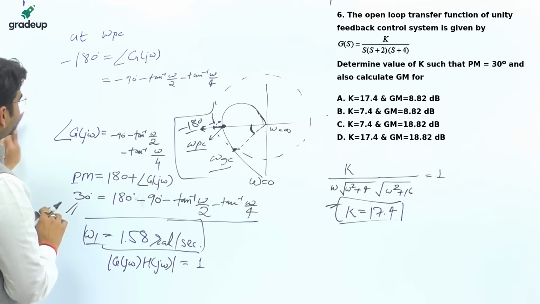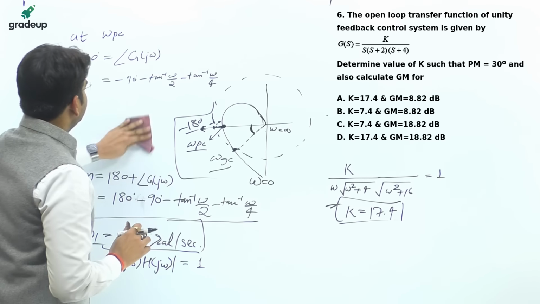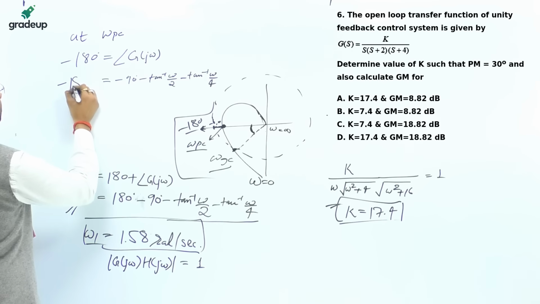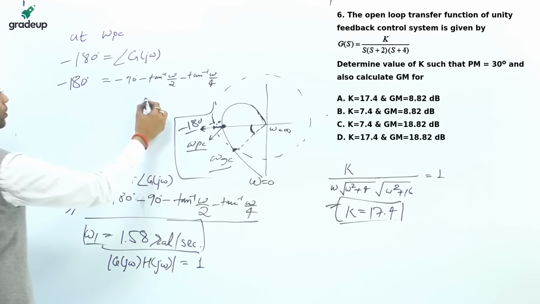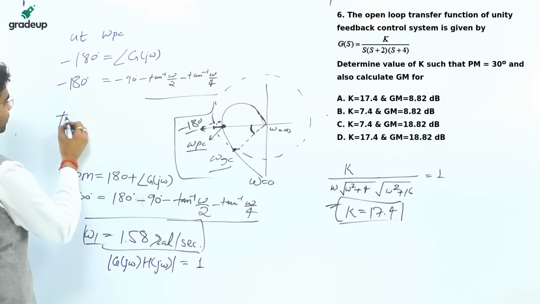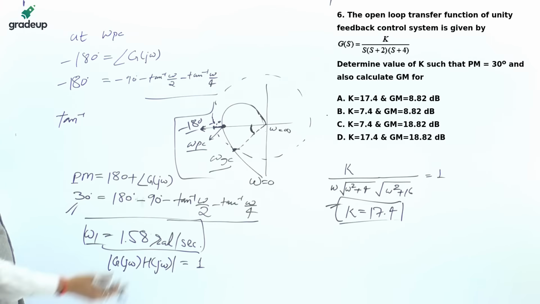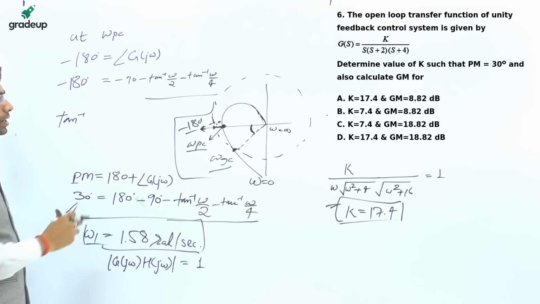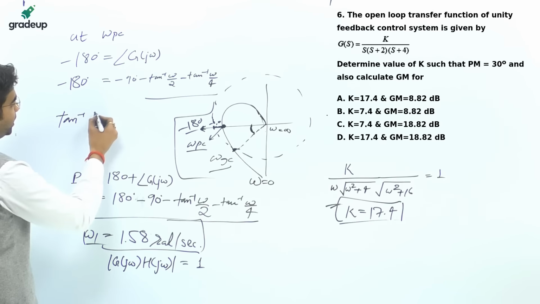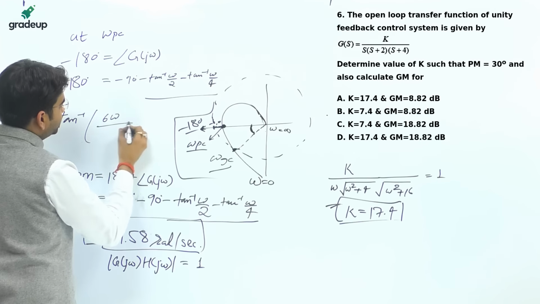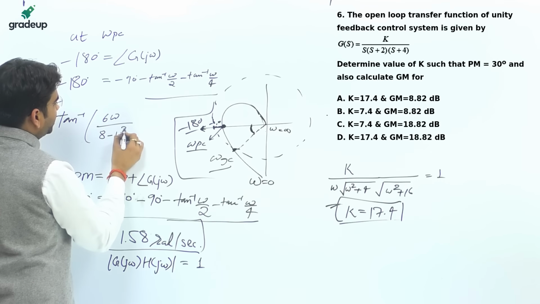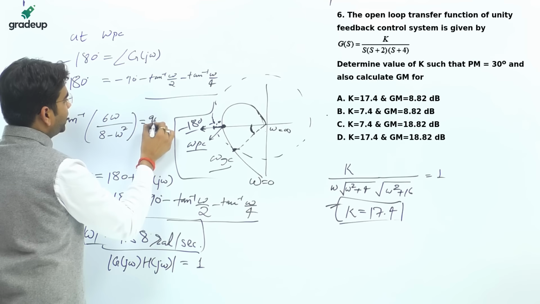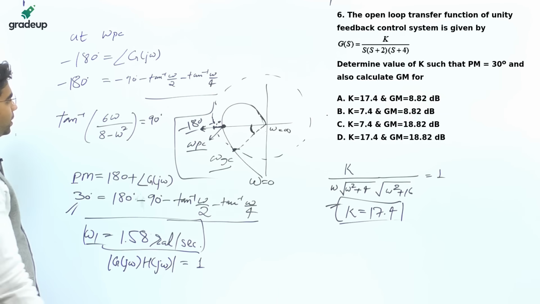Phase of G(j omega) was this. So from this equation, minus 180, what comes out is, using the tan inverse A plus B formula, substitute and simplify. The final equation which will come is tan inverse of 6 omega over 8 minus omega square is equal to 90 degree.